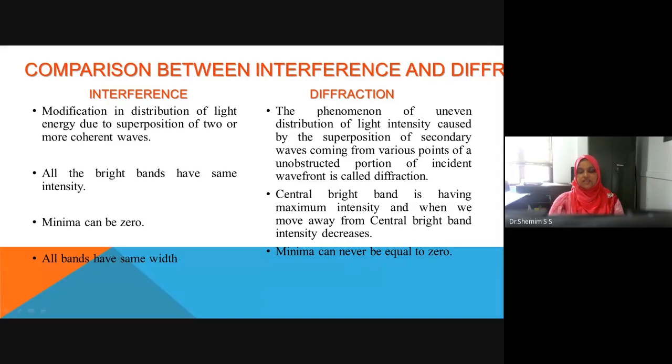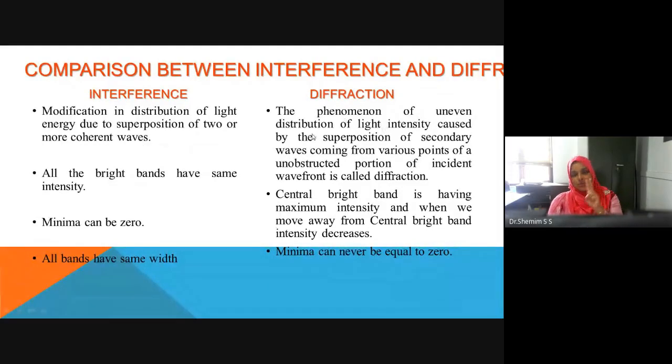Both are phenomena exhibited by light waves, but interference is a modification of light intensity due to the superposition of two or more coherent waves. That means in interference, light comes from two sources, and two independent coherent waves will be superposing.